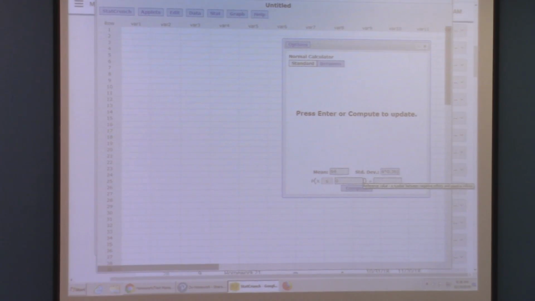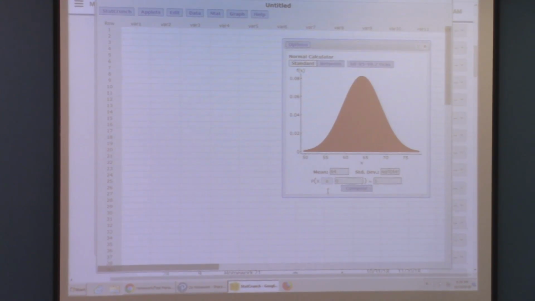Now tell me, what does at least 66 mean? What kind of area are we looking at? At least means that and more.